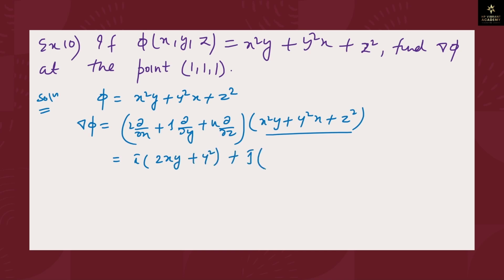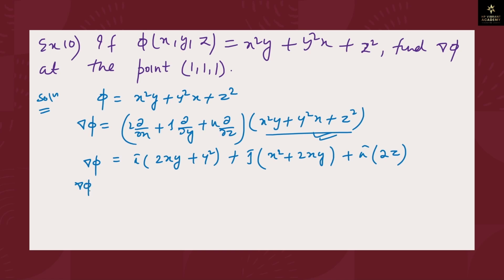Differentiating partially with respect to y, keeping x and z constant, the coefficient of j cap is x square plus 2xy. The coefficient of k cap, differentiating with respect to z, is 2z.